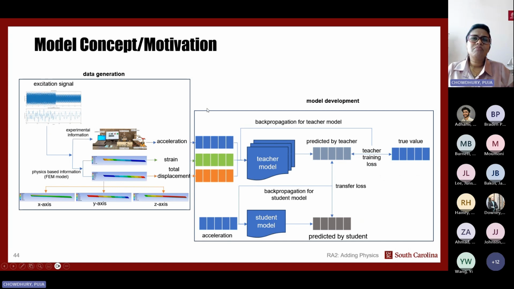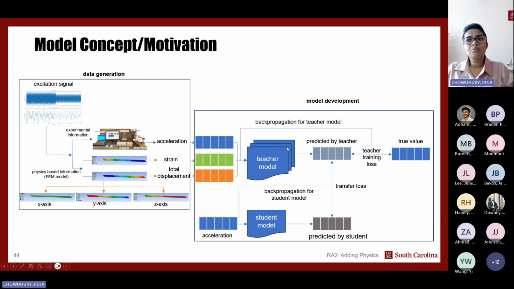So here is a very basic concept of the motivation of this transfer learning model. How does it work? It again starts with the data generation. I think we explained how we make the experimental data and physics data from the FEM model. But the main concern here is the basic model, how we made it. This is kind of inspired by the teacher-student model phenomenon.